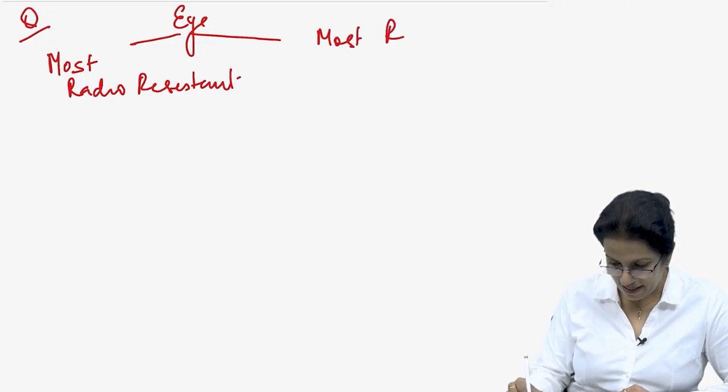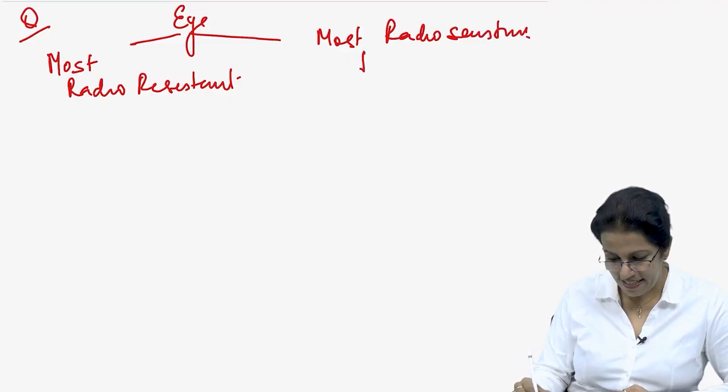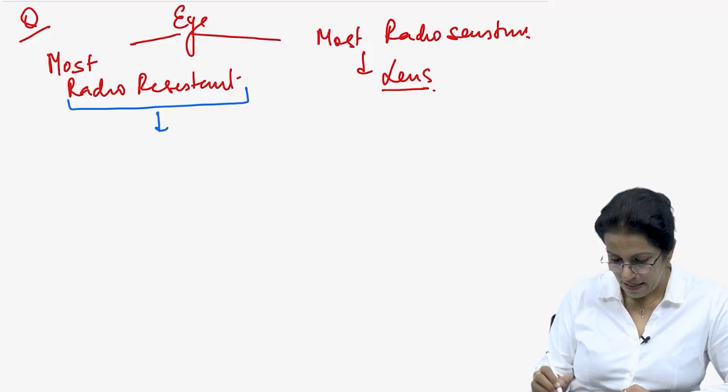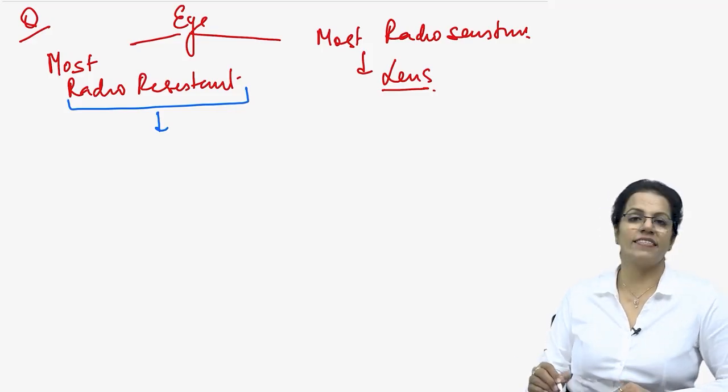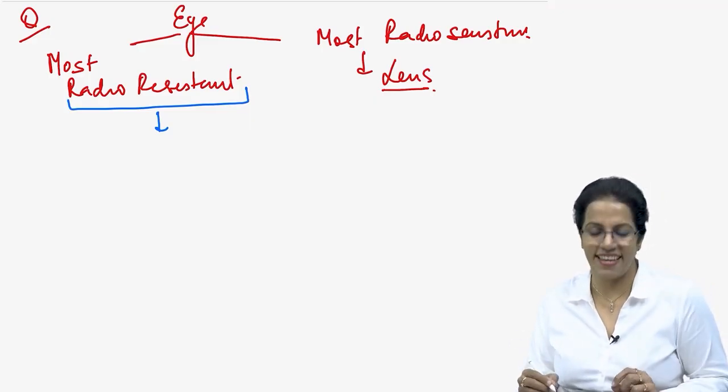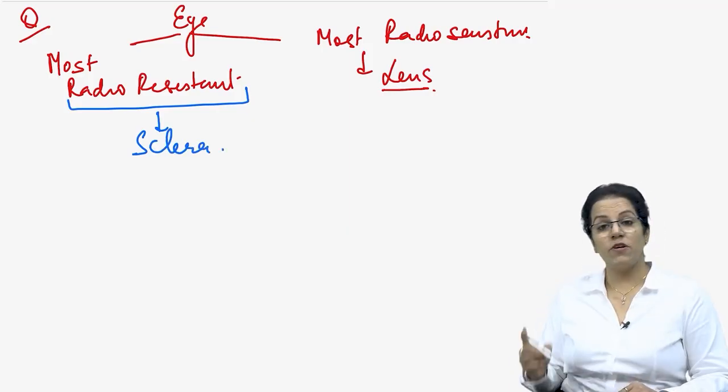So let's learn together. When you're talking about most radio-sensitive, the answer is lens. And most radio-resistant, you will answer, which is the thickest, strongest structure that you can see in the eye? It is sclera.